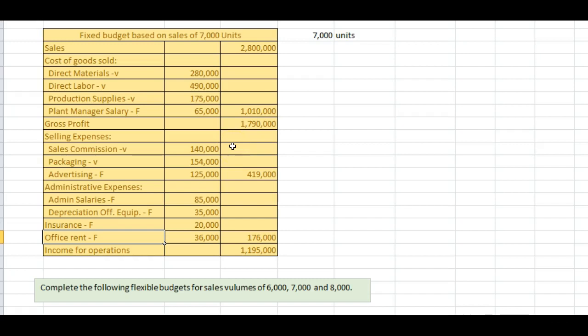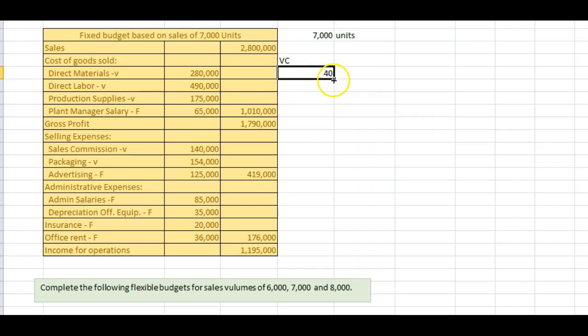So now I have to figure out the variable cost. And to do that, I'm going to divide this 280,000 in materials by 7,000 and come up with a variable cost, and we'll call that VC, of $40.